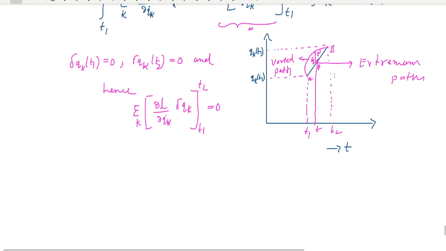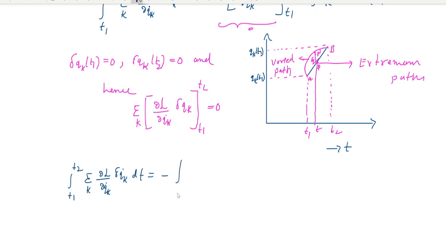Then equation number 4 becomes like this: integral t1 to t2, summation over k, partial derivative of L divided by partial derivative of velocities, delta q dot dt, equals minus integral t1 to t2, summation d by dt, the remaining term, that's it, nothing else, partial derivative of L divided by partial derivative of q dot, delta qk into dt.